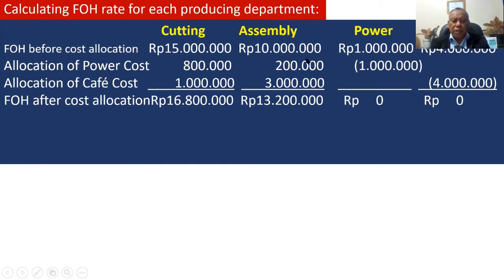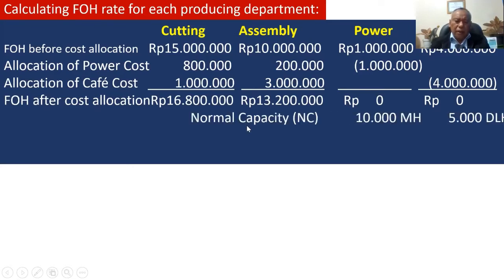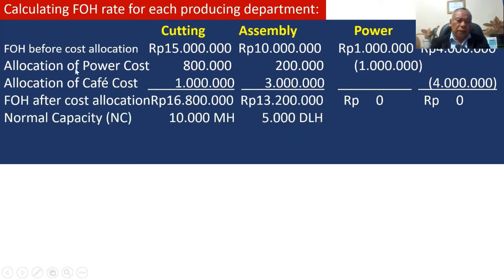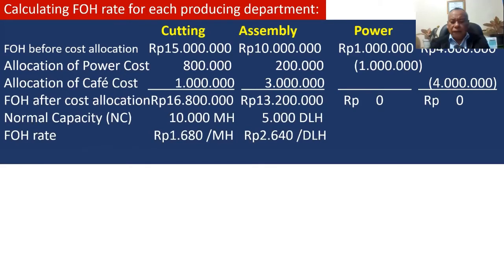So actually 3,200,000 coming from the allocation of service department costs. And then next, we will divide by the normal capacity, for cutting 10,000 machine hours, and then the assembly 5,000 direct labor hours. And then we find the factory overhead rate.